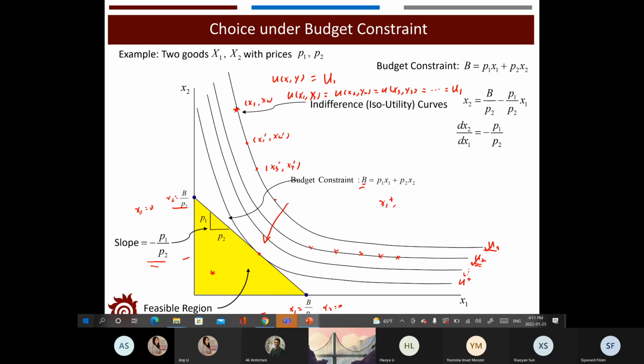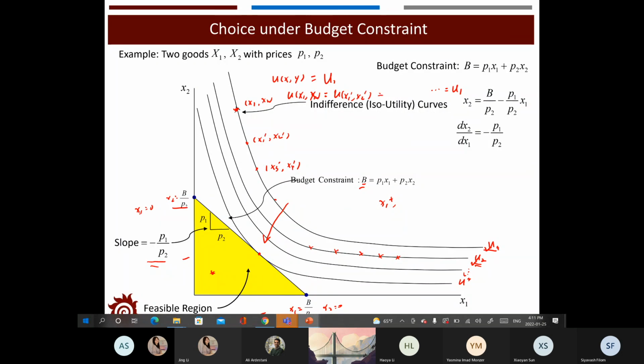I'm sorry, I put that wrong. So this is x1 prime, x2 prime, something like that.